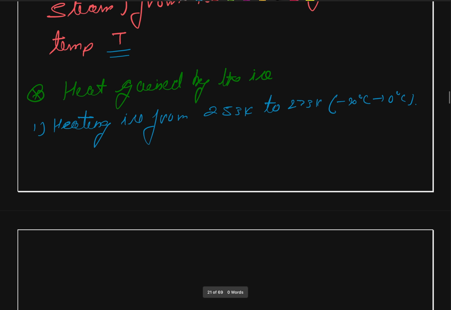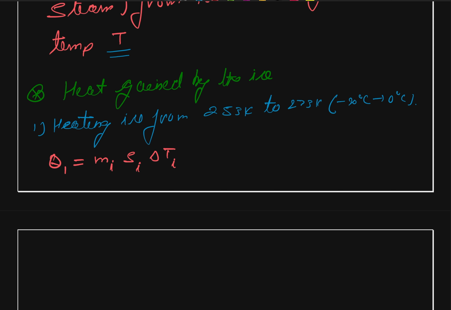Let us call this heat Q1, which will be equal to mass of the ice times specific heat of the ice times the temperature difference.